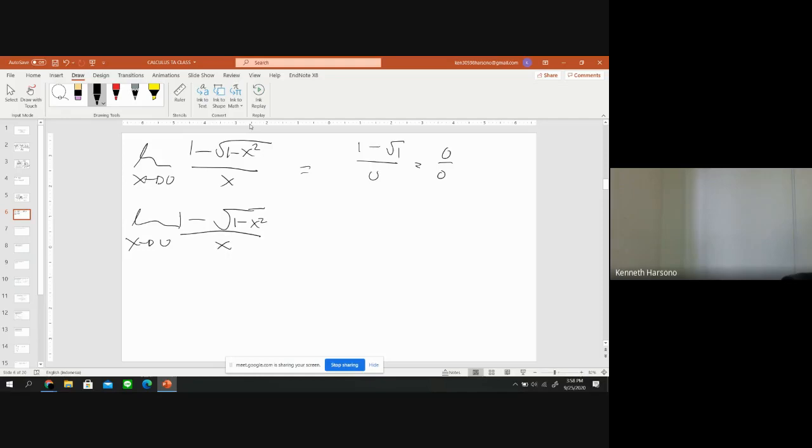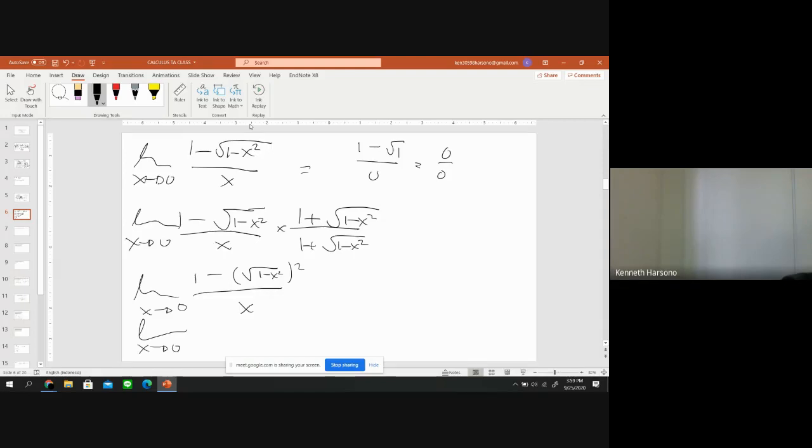Over x multiplied by 1 plus the square root of 1 minus x squared, per 1 plus 1 minus x squared. So we can get (1 minus the square root of 1 minus x squared) over x, as the limit x approaches 0.